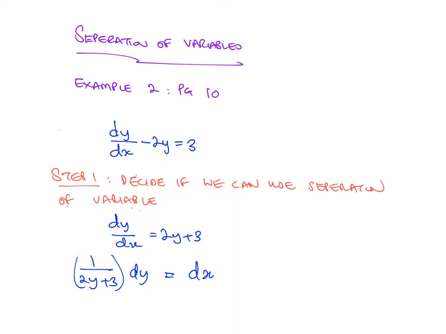It's clear to me now that I have the dependent variable on one side, 1 over 2y plus 3, and its associated differential, and on the right hand side I have the differential of x and its associated independent variable, which in this case is just 1.